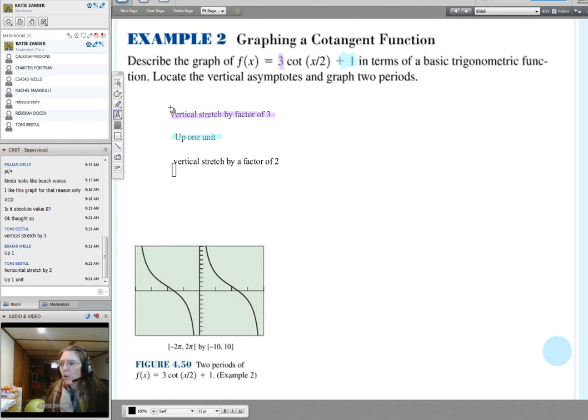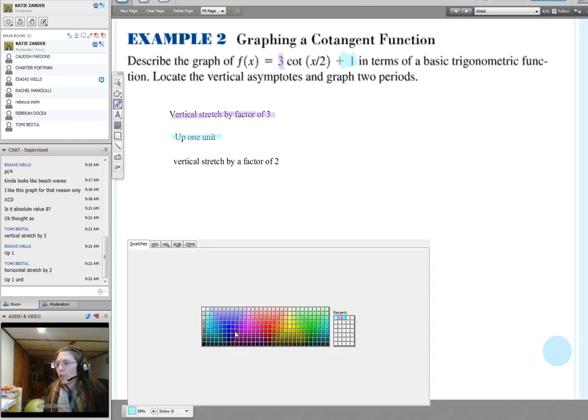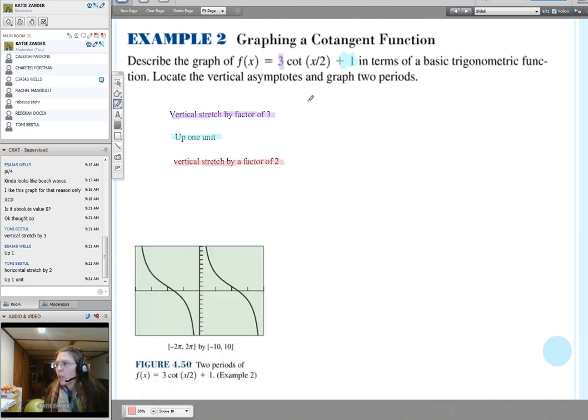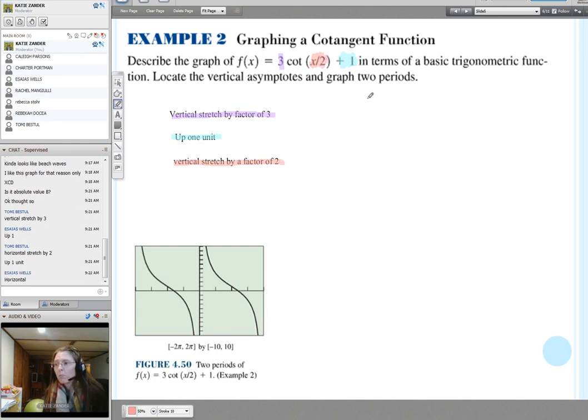Good. Notice that when she took her vertical stretch to find the factor, she took the reciprocal of what was inside there. So traditionally we just got a 1/2, right? But the reciprocal of 1/2 is going to be that 2. Come on.